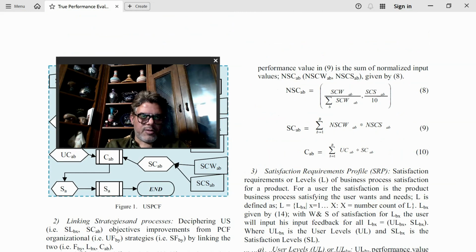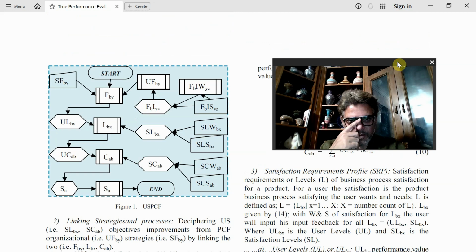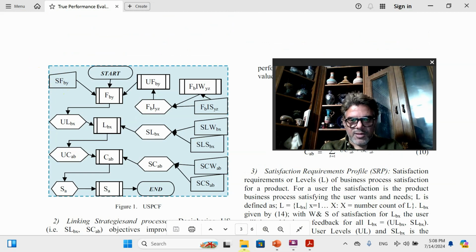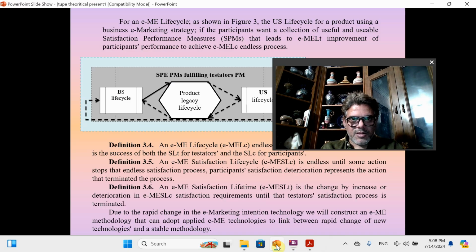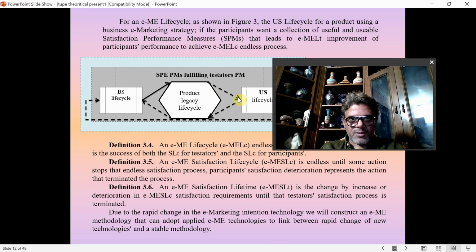Like here, we're going to see right here. Now, the SF satisfaction framework, this comes from the business. Actually, this comes from the business product process. Let's see here. So the SF is like this one.